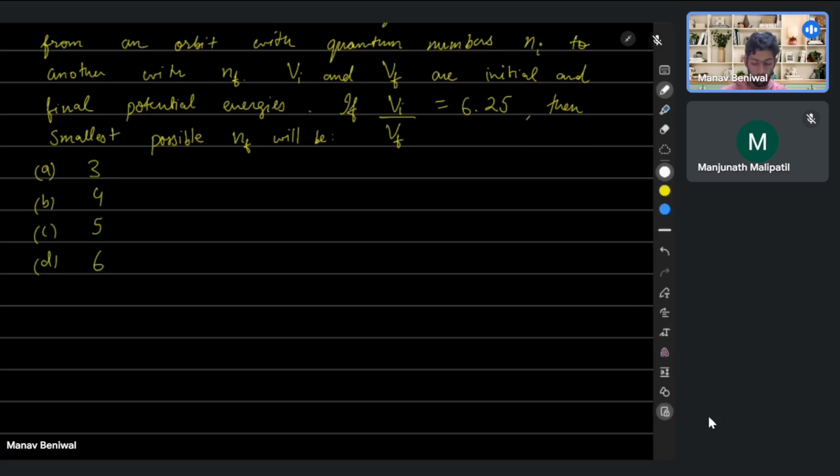So how do you define potential energy in Bohr's model? We define potential energy V as minus 1 over 4 pi epsilon naught times Z e squared over r, right?